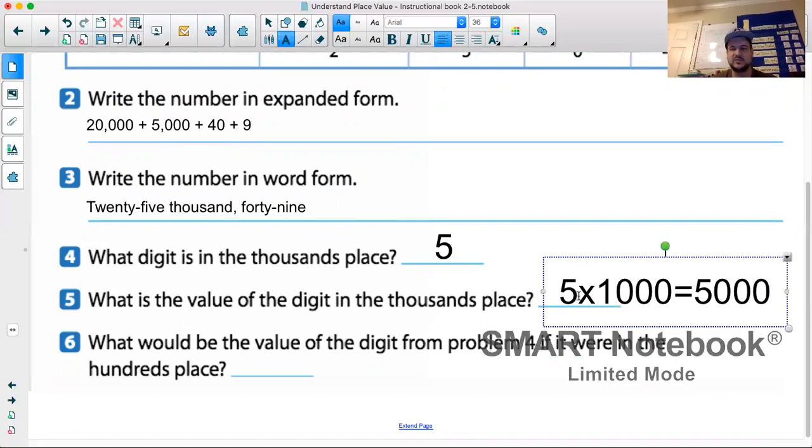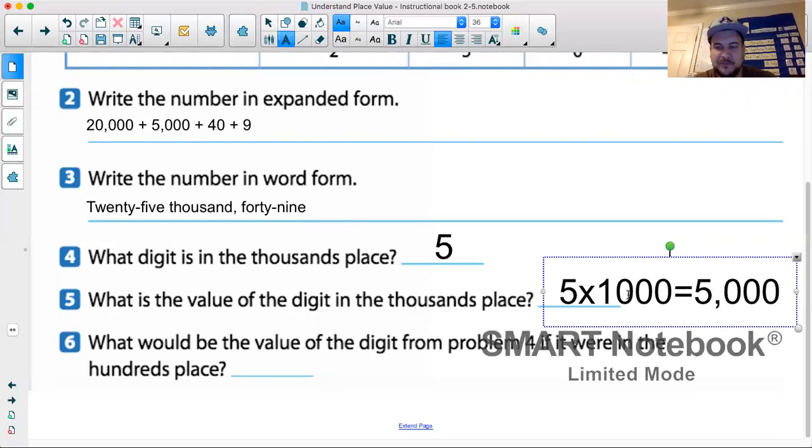Whenever you multiply times 1, you get that number. You should know that. You've already been through 3rd grade. Oops, just dropped my book. Nice. You forgot your comma. Thanks, comma police. 5 times 1,000. 5 times 1 is 5, and then you add your 3 zeros. 1, 2, 3. So 5,000.